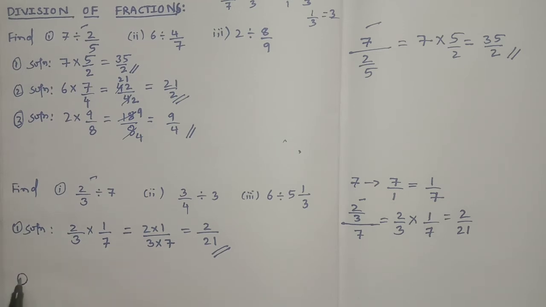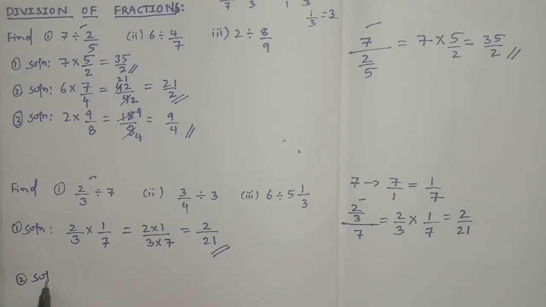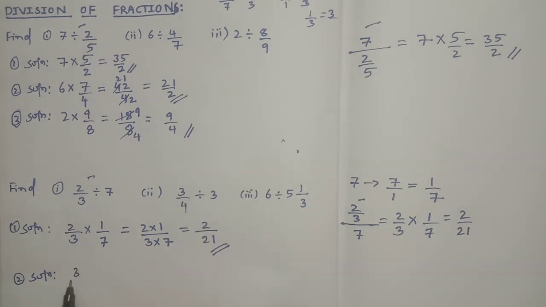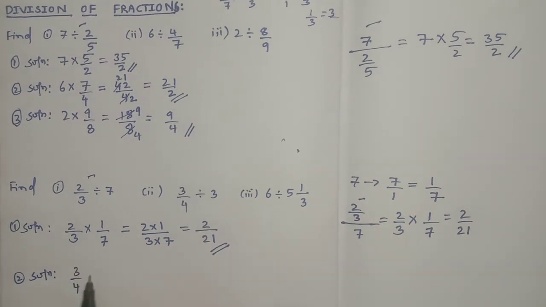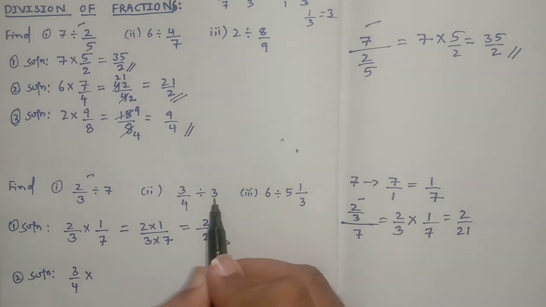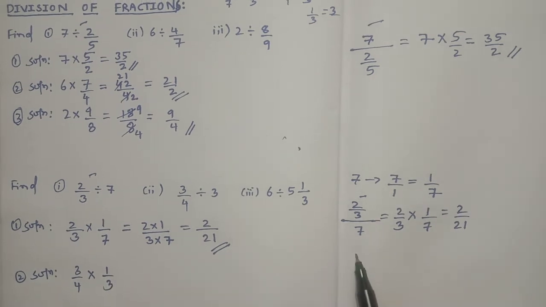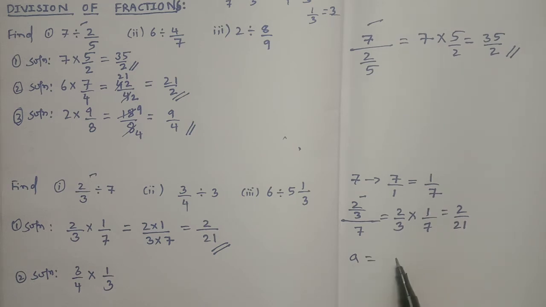Now, second question, student. Solution. 3 by 4 as it is into the reciprocal of 3, which is 1 by 3. Keep in mind, for anything, suppose anything, what is the reciprocal of anything? 1 by anything.